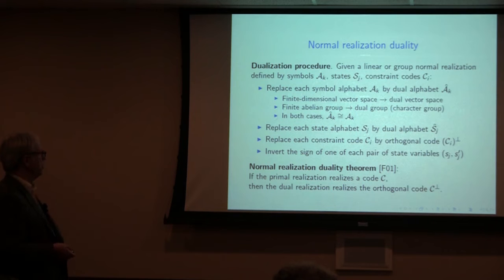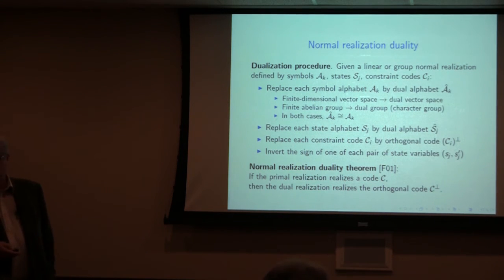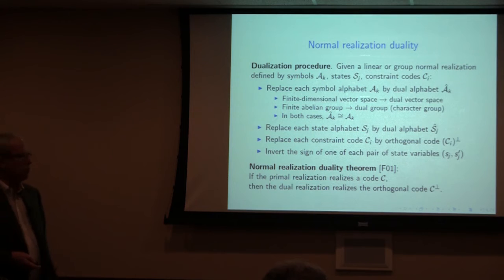In both cases, we get that the dual alphabet is isomorphic to the primal alphabet, so it's just purely notation to put the hat over them to keep them separate. Similarly, replace each state alphabet by its dual alphabet. Replace each constraint code by its orthogonal code. For instance, if we have an equality constraint, its orthogonal constraint is a parity check constraint, single parity check constraint.